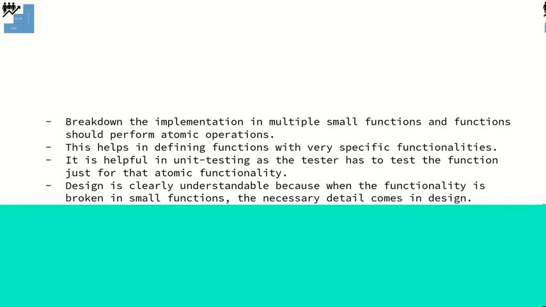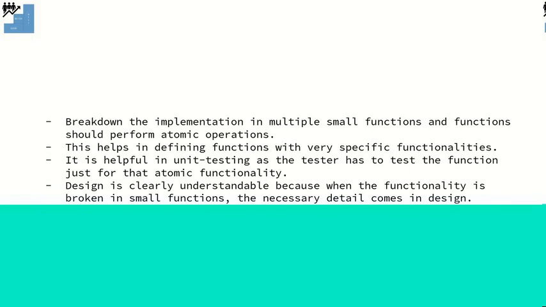When we have small functions, like functions implementing atomic functionality or just a single functionality, then the design will be much more granular. In design there will be more clarity and more depth. For example, if we have just one function implementing 4-5 things, and another function implementing another 4-5 things, then in design when we show these two functions and try to explain them, that detailing will not come.